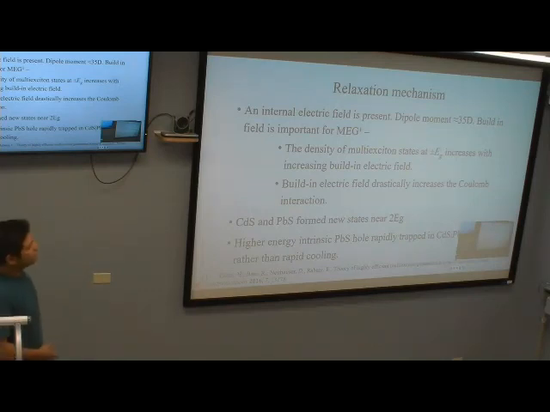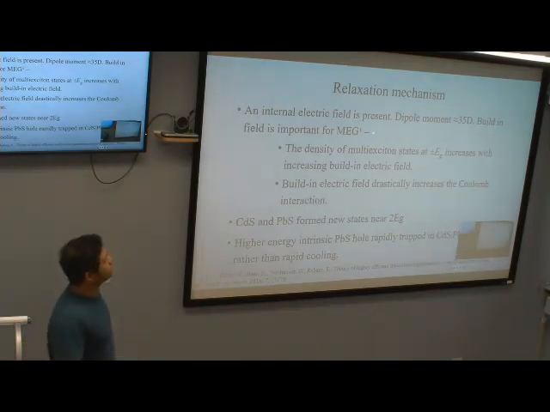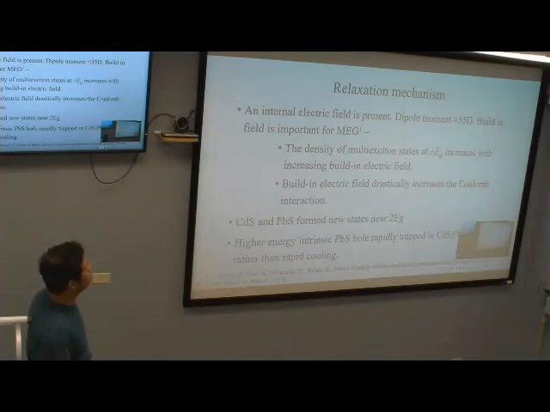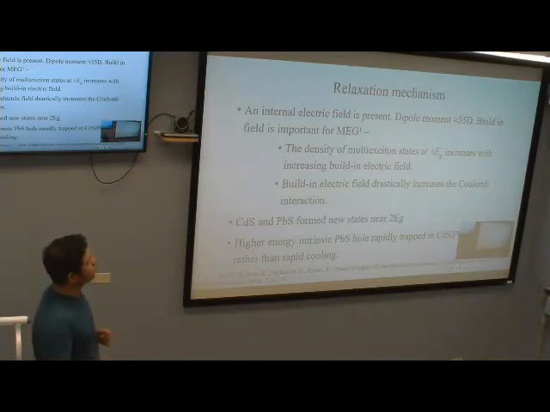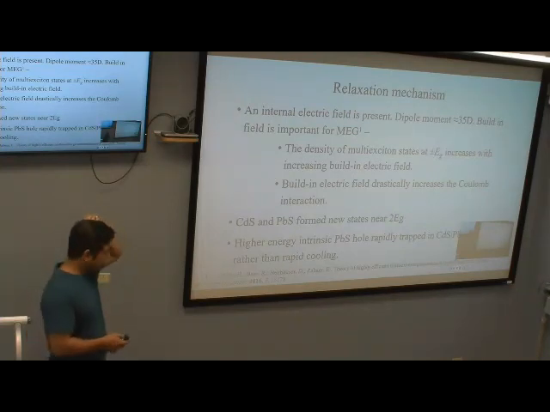In the relaxation mechanism, this is a summary of what they are saying. In the calculations they also found a strong dipole, like 35 debye. They say this strong dipole helps to increase the Coulomb interactions in the materials, and the density of multi-exciton generation increases with the increase in the built-in electric field.